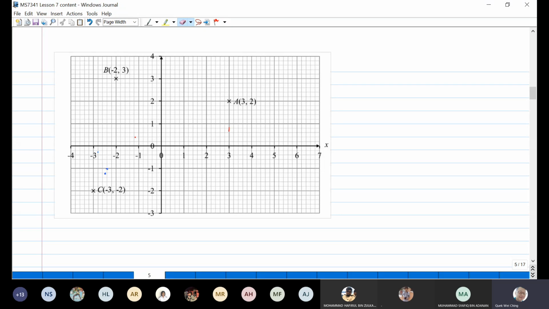How to get A equal (3, 2)? You go to the right, look for 3. Then move up, look for 2. And this is how you find A. A is (3, 2). So there's 2 here, there's 3 here. If you want to find the point (-2, 3), minus 2 is on the left side. So move to the left side here, minus 2 now.